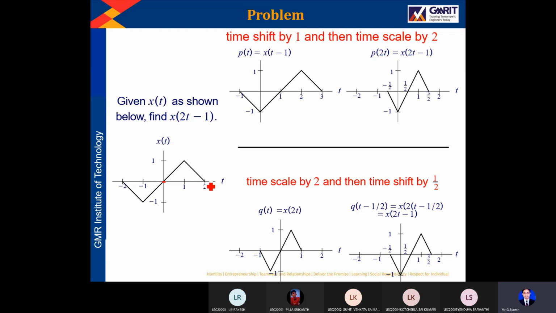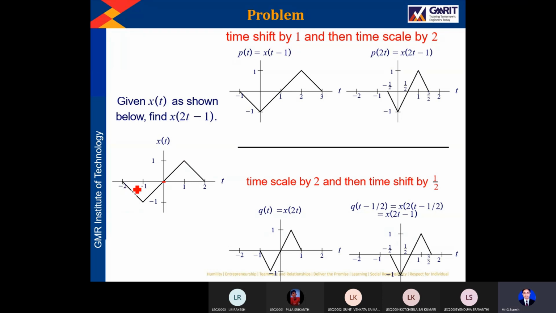Similarly, it has maximum negative magnitude, which is -1, at t equal to -1, and its value is 0 at t equal to -2.